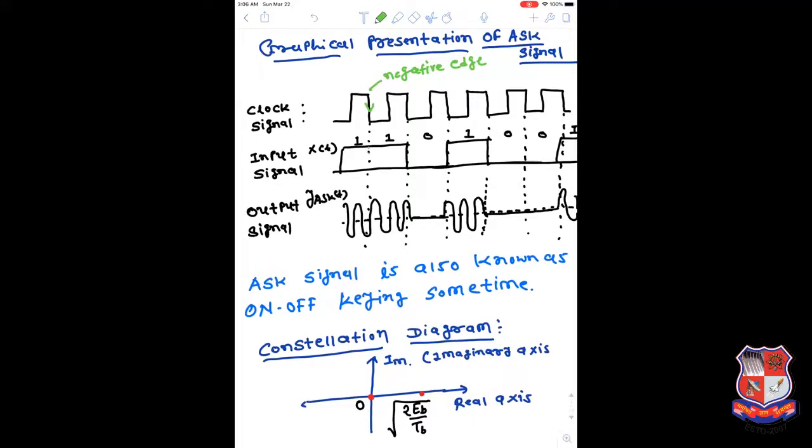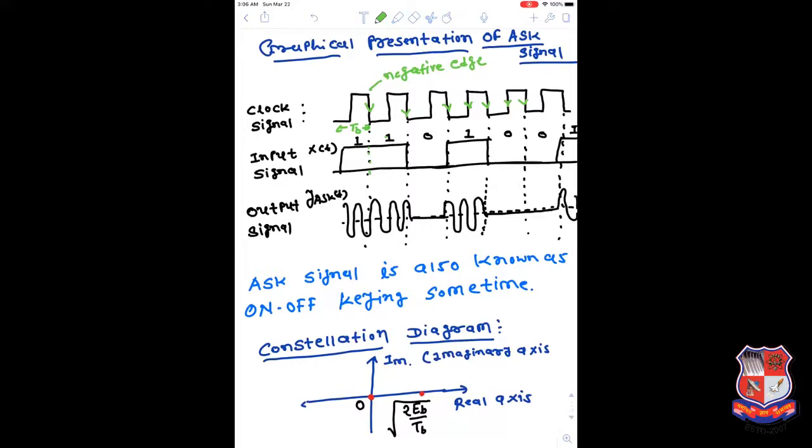The bit 1 is changing to the next one at this boundary, and this is also changing from 1 to 0 at this boundary, and so on for all. So for every negative edge the bit is going to change. The duration of this clock is simply considered as the TB time period or bit duration.